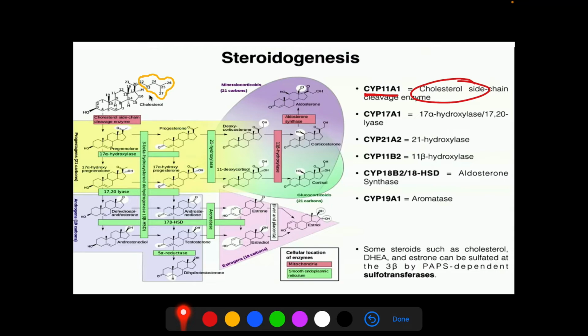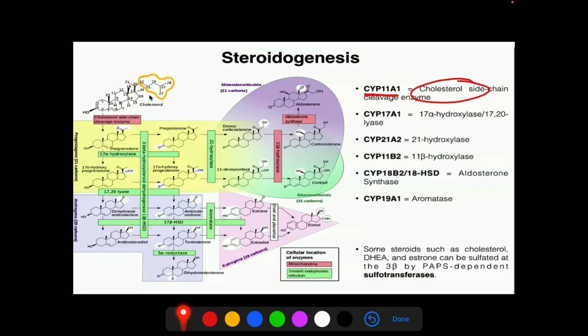In general, this progesterone can act independently, or the progesterone can be processed into aldosterone. And then the 17-alpha hydroxyprogesterone is going to be processed into cortisol.